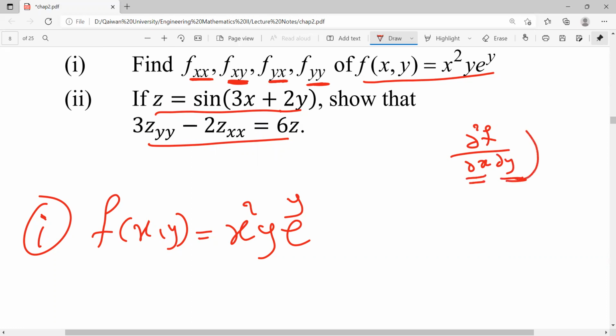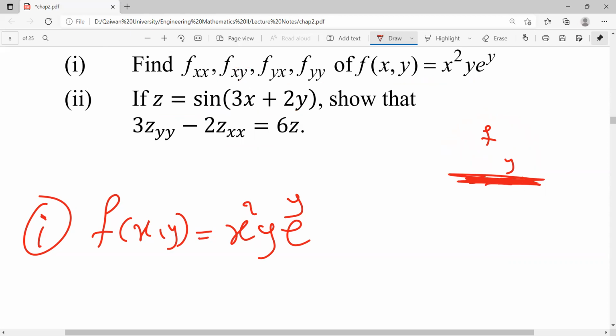So if we are given this, we take the first partial derivative with respect to y and then the second with respect to x. But if it's written in this form, we take this one first and this second. Let's find these four partial derivatives for the given function.